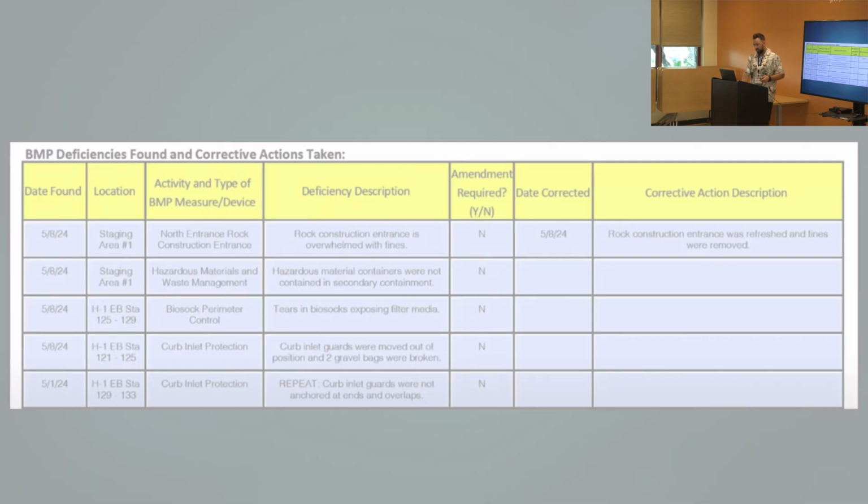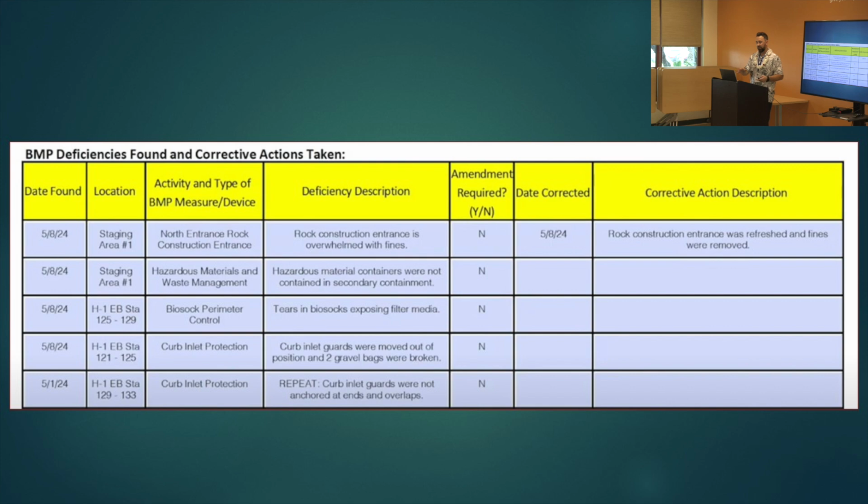And then this is just an example of what this part of the report looks like. For this particular example, I did have this on here. So you see that there's a 5/1/24 date found, right? This was actually a 5/8/24 report.